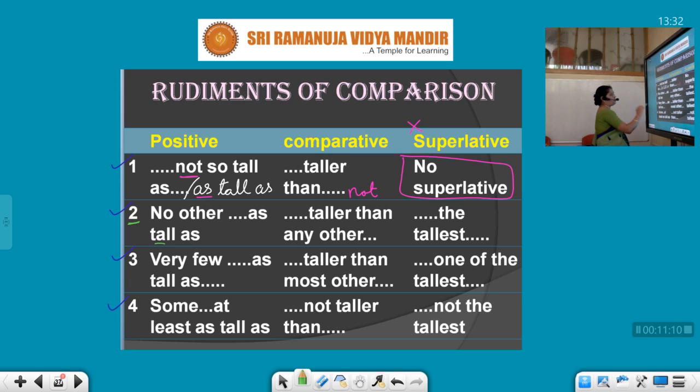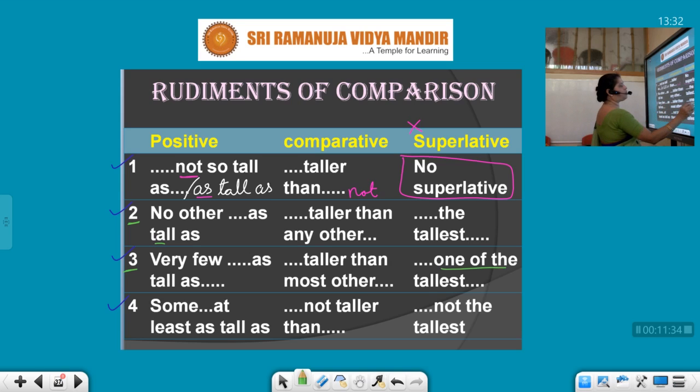Now coming to your third rule. In your third rule, very few as tall as. That means along with your superlative, there are other things. Like for example, I've told you Sanskrit is one of the oldest languages in the world. So what I want to show is that along with Sanskrit, there are other languages which are as old as Sanskrit. So this is the third rule, students.